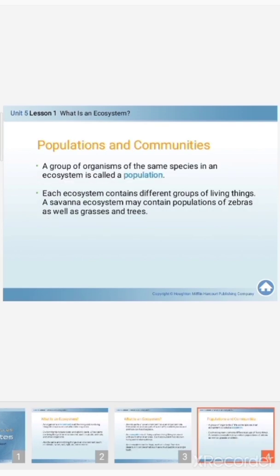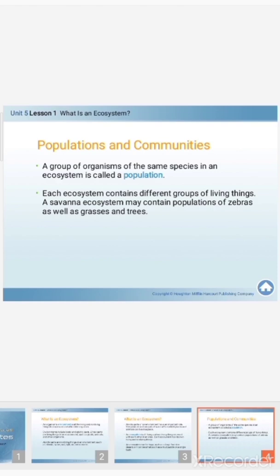Okay, any ecosystem contains many types of living organisms. If we have a group of organisms from the same species, this group is called a population. So a population is a group of the same living organisms in the same area, like a group of elephants.